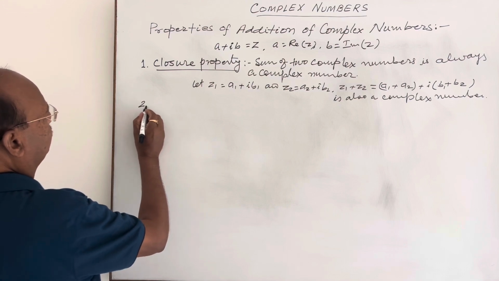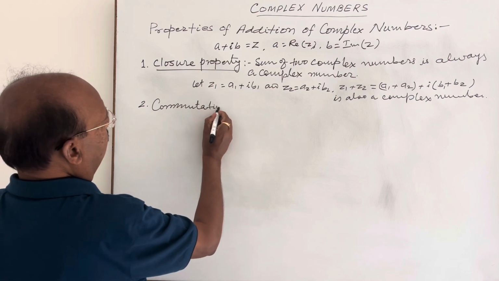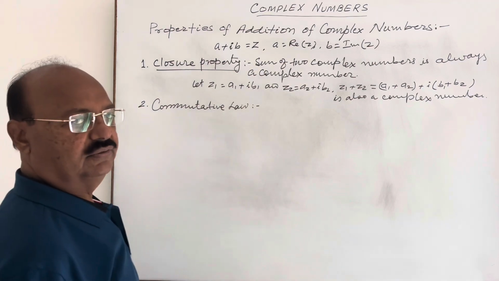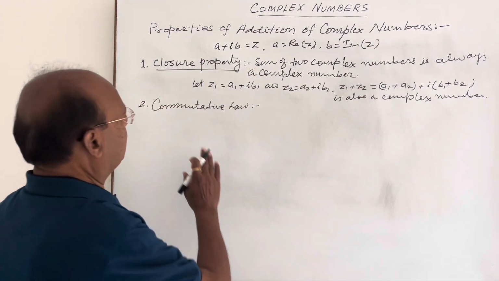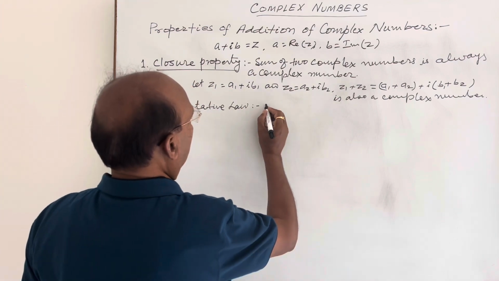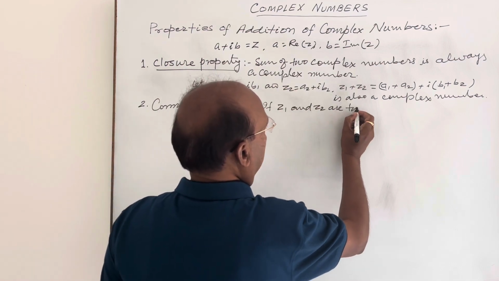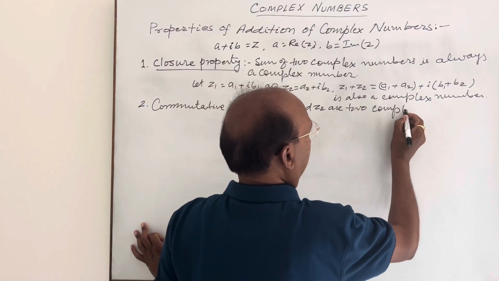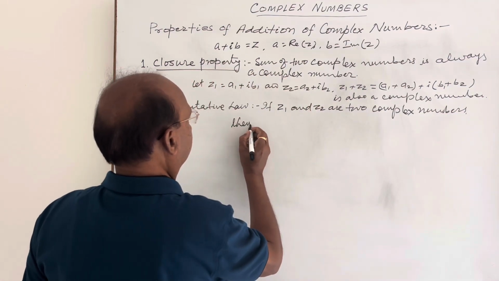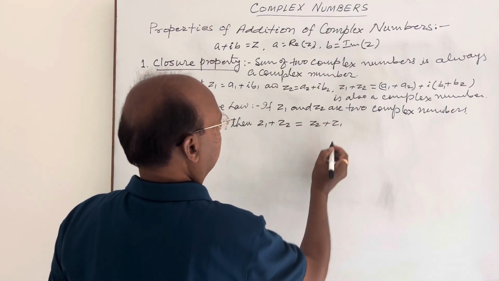Now second, the commutative law for addition of two complex numbers. The commutative law of sum of complex numbers tells that if z1 and z2 are two complex numbers, then z1 plus z2 is equal to z2 plus z1.